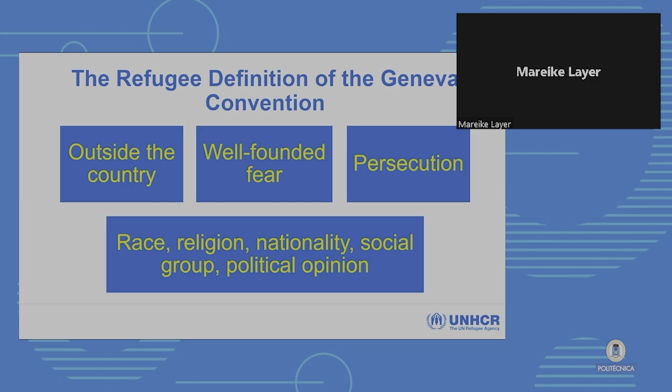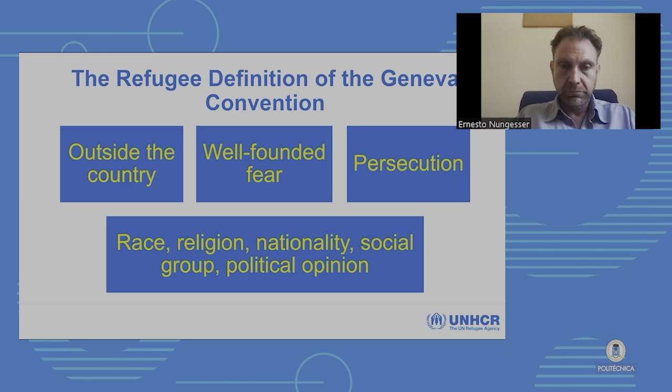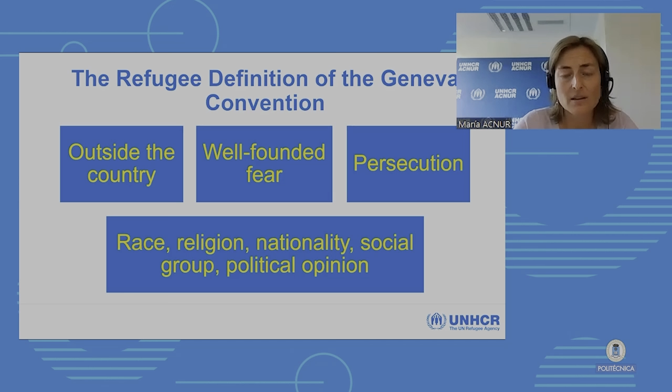Anything more that you want me to go a bit deeper into? Maybe about religion. Some comments on the ground of religion. It's not only to profess it or not profess it. It's also the freedom to change it that can be threatened, that can pose a risk, and the freedom of worship.